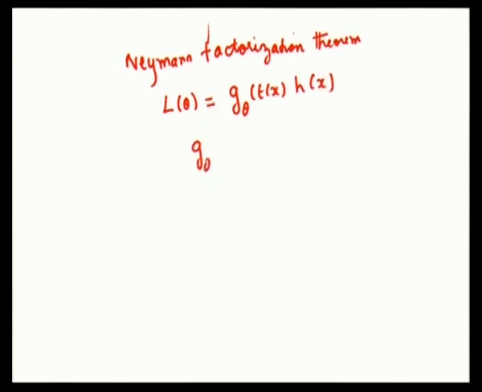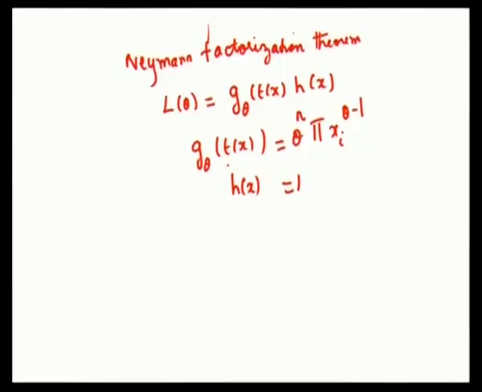So, g theta of t of x is theta power n product of xi to the power theta minus 1, and h of x is equal to 1. My problem is that I have to find the sufficient statistic for t. Here, as I have said, g theta of t of x has to depend upon theta and x.